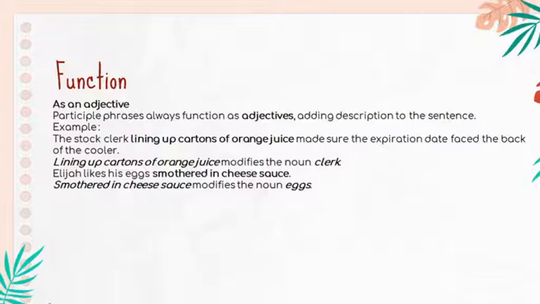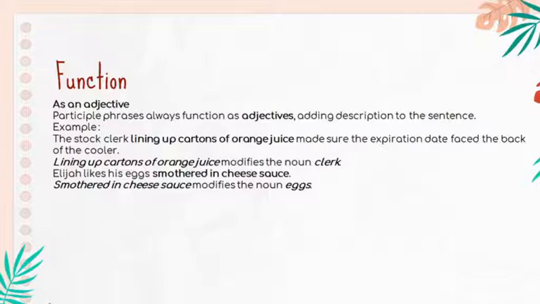For example, first, the store clerk lining up cartons of orange juice made sure the expiration date faced the back of the cooler. Here, lining up cartons of orange juice is the modifier of the noun clerk.